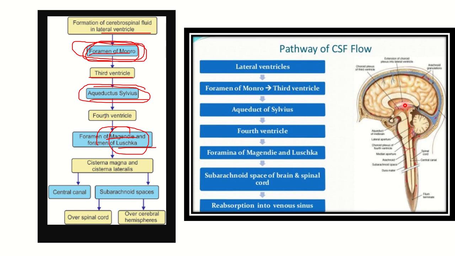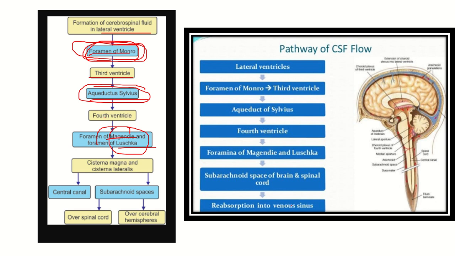This is the lateral ventricle, and from the lateral ventricle it reaches the third ventricle via the foramen of Monro. From the third ventricle it reaches the fourth ventricle via the aqueduct of Sylvius. Then from the fourth ventricle to the subarachnoid space of the brain and spinal cord through the foramen of Magendie and Luschka.